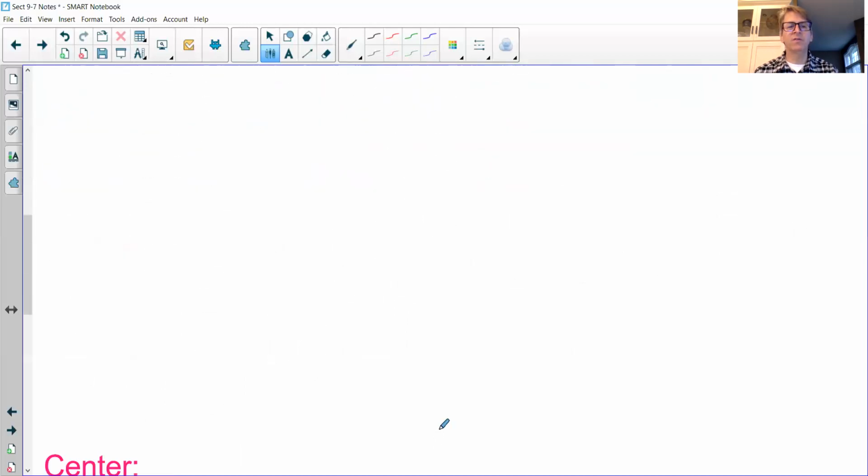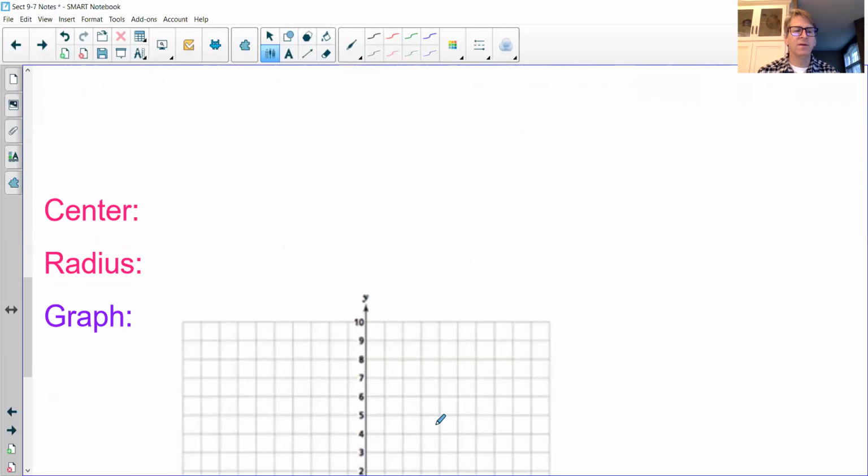So by completing the square, you can determine the center and the radius quite easily of fairly difficult looking equations. The radius is 3.